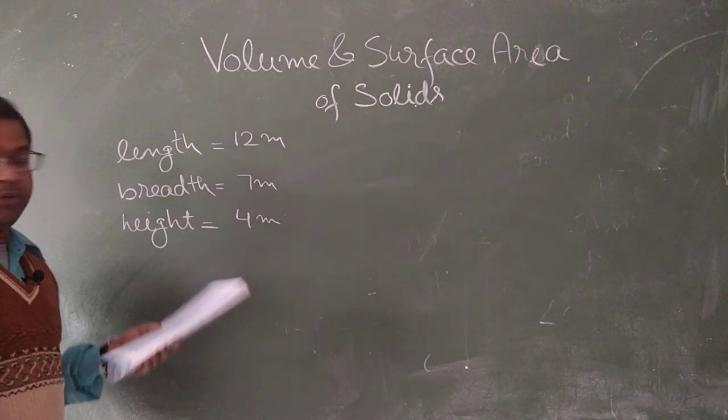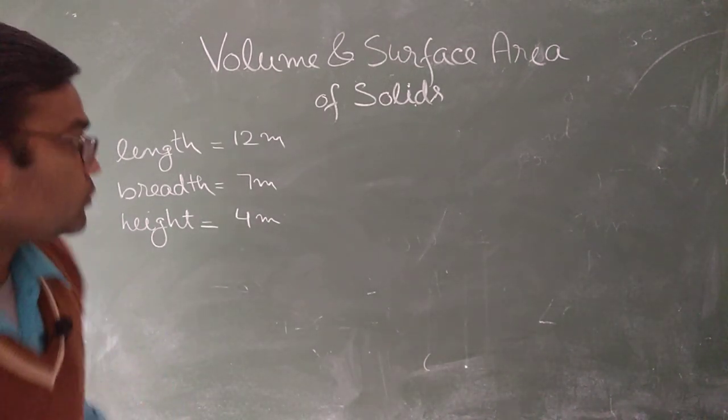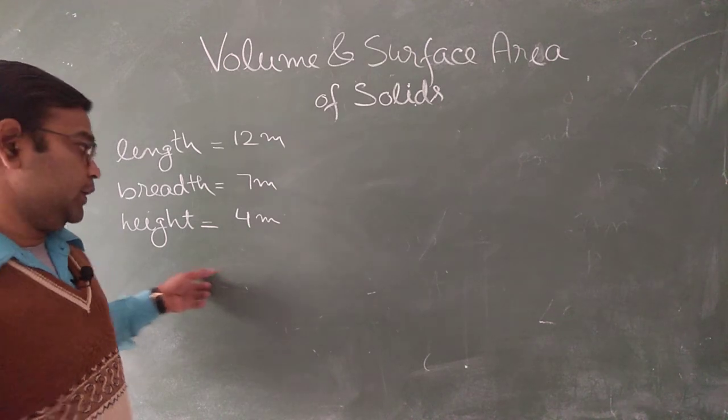The question says find the cost of repairing of walls and ceiling at the rate of 15 rupees per square meter. Okay, leave that cost. First, we have to find out the area of walls and area of ceiling.